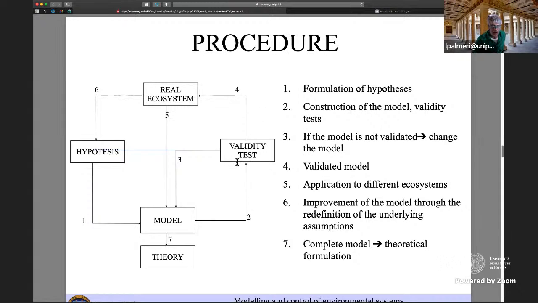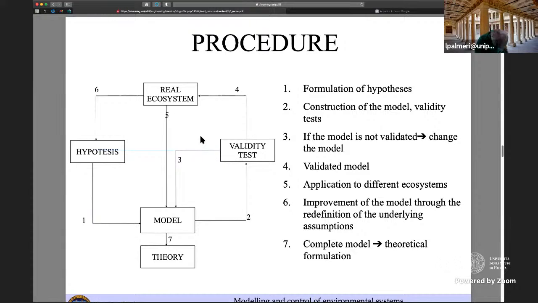If the model does not pass the validity test, then we go back and change the model. So you see this is a kind of iterative procedure. Once the model passes the validity test, the model is said to be validated, and then we are ready to apply the model to different ecosystems.